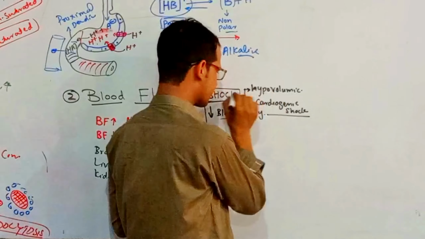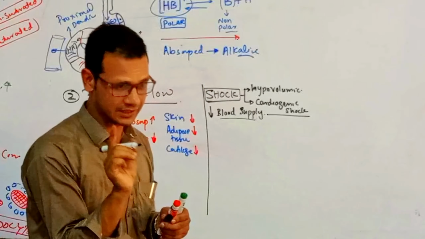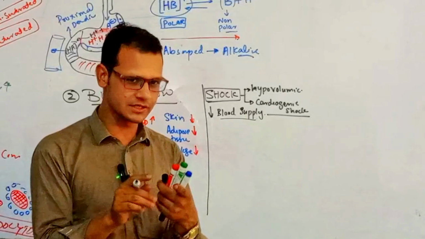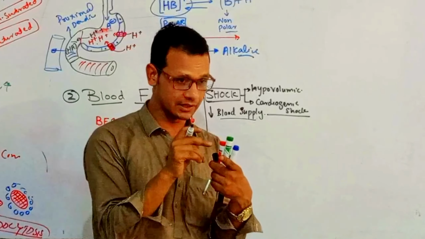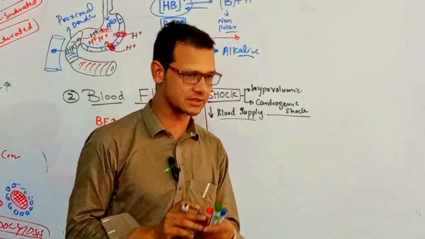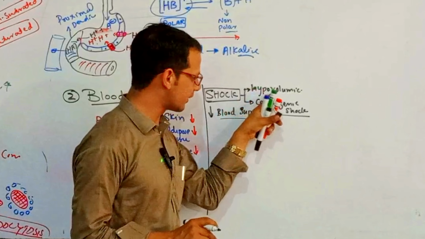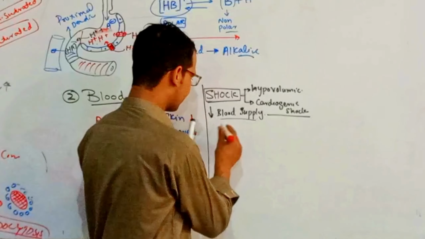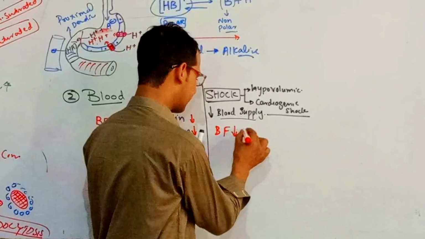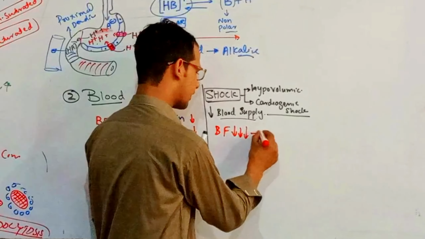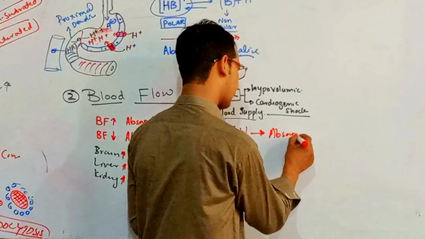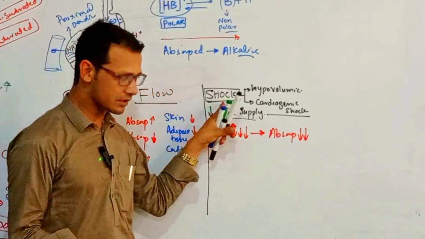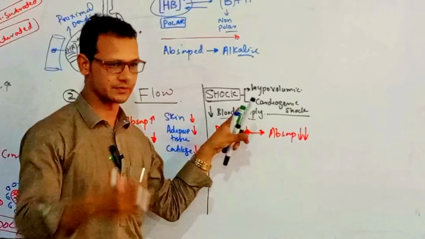In contrast, if we have septic shock, sepsis, the drug distribution will be high because capillary permeability increases in septic shock. But in hypovolemic and cardiogenic shock, absorption of drug will be very low. It means that in shock we will give high doses of drug.